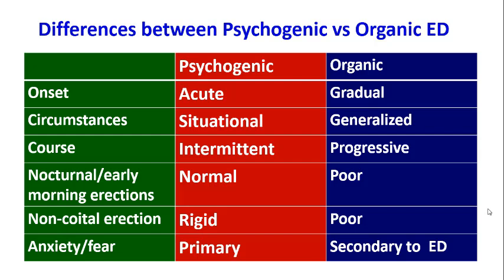For example, the onset is acute in psychogenic erectile dysfunction and gradual in organic erectile dysfunction. The course is intermittent in psychogenic and progressive in organic. Nocturnal and early morning erections are normally present in psychogenic but become poor in organic erectile dysfunction.